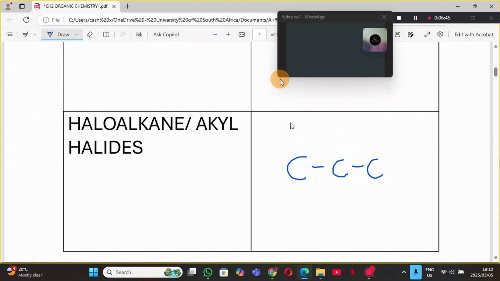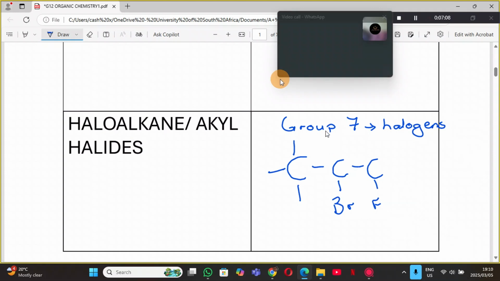Anything that is in group 7, right? So you have your group 7 halogens. So now this will be connected to, since it has to have its 4 bonds, this can be hydrogens, and then your bromine or your fluorine, or your iodine. That's a haloalkane. That's why it's an alkane, because it's single bonds, like you said, right?